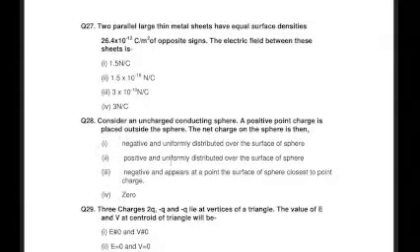Positive and uniformly distributed over the surface of the sphere. 3. Negative and appears at a point on the surface of the sphere closest to the point charge. 4. 0. Correct. The answer is option 4.